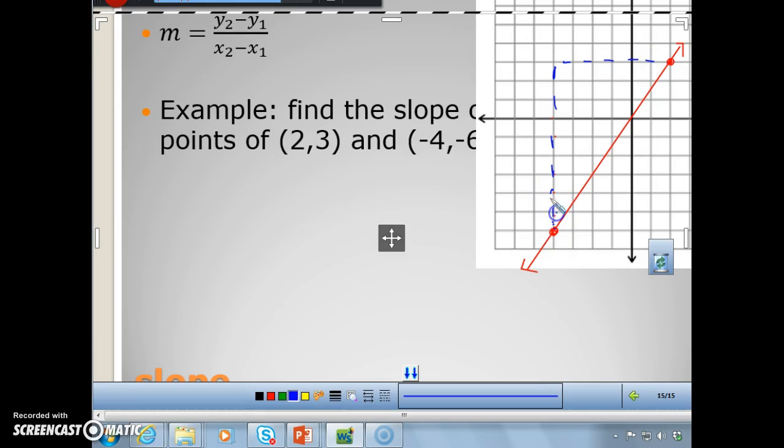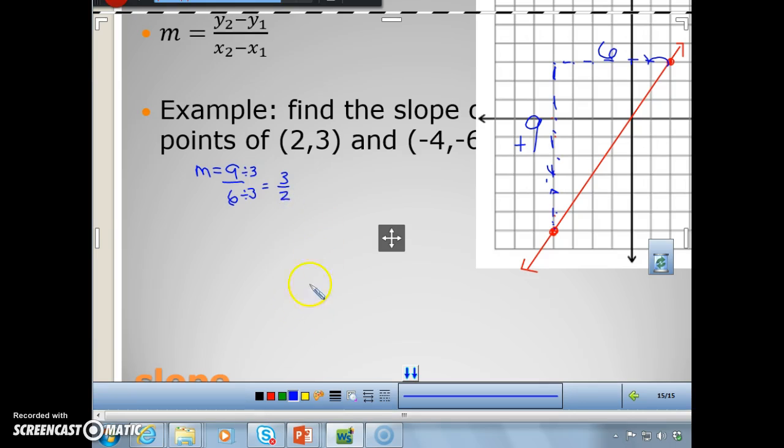That would be 1, 2, 3, 4, 5, 6, 7, 8, 9, in a positive direction because we went up, and then to the right, which is a positive direction, 1, 2, 3, 4, 5, 6. So our slope would be 9 over 6, which does reduce. 9 and 6 are both divisible by 3. So our slope is 3/2.